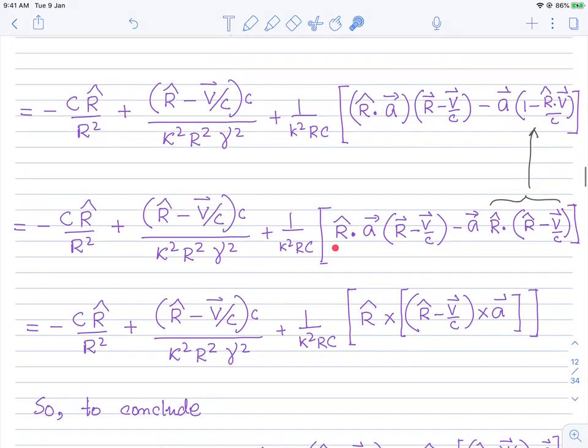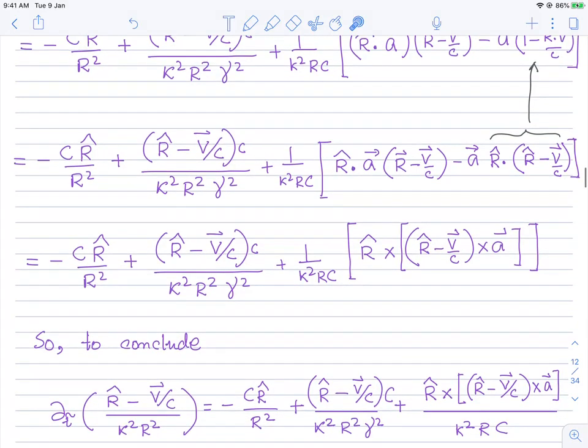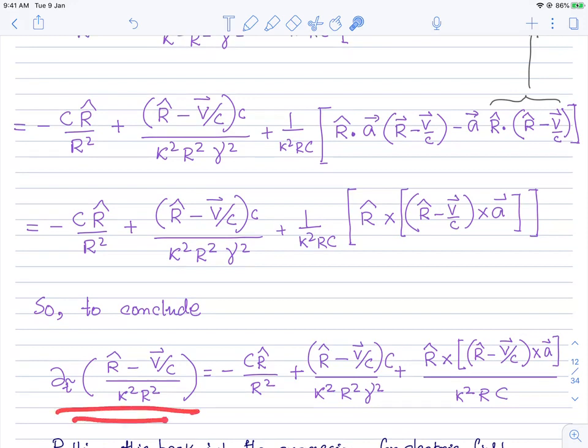And then, as you can see, this can be written in terms of cross products like this. If you just open the cross product out, you will see that this term exists. That is a part of the algebra. All right, so there are these three terms that this differentiation gives me.